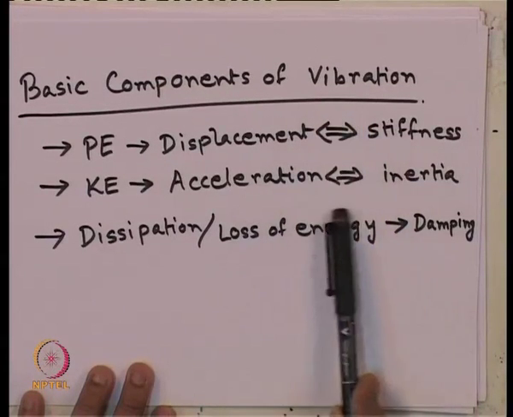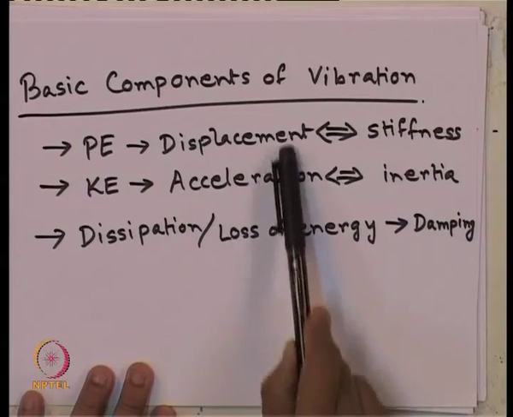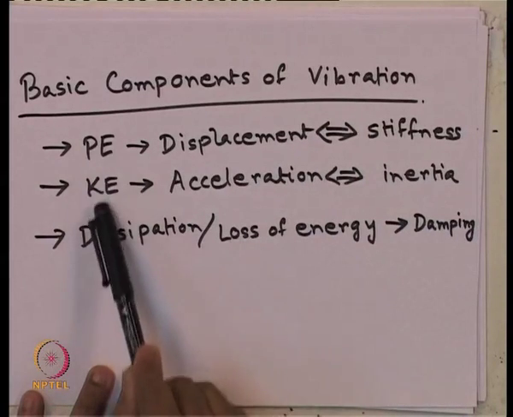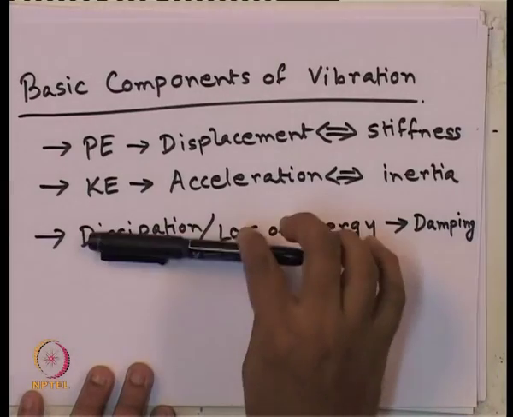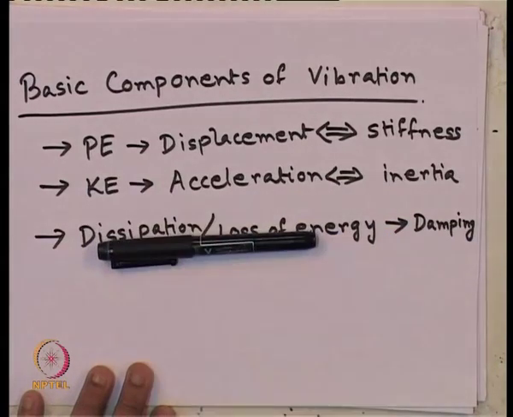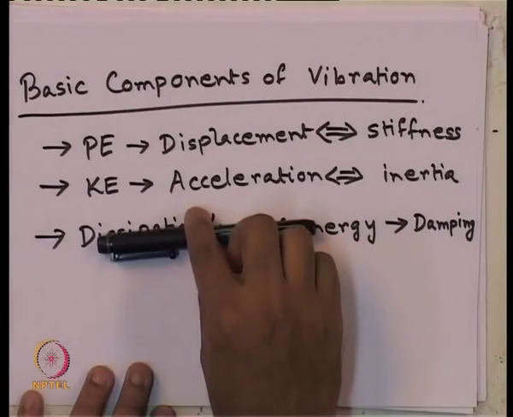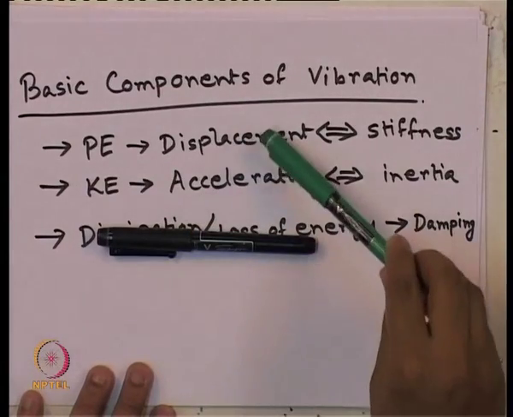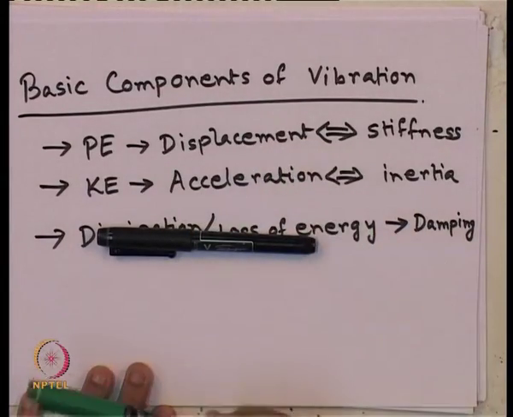The dissipation or loss of energy can be optional, but it must create this exchange of potential energy to kinetic energy in the system. Then only the time varying load can be classified as dynamic load. If it is not so, then that kind of time varying load we cannot call dynamic load.